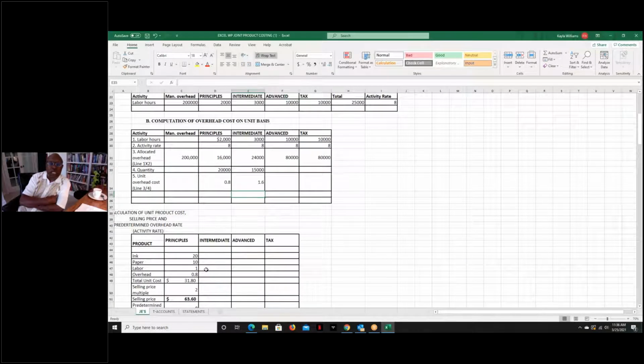So let's go on down to intermediate now and get our total cost for intermediate and selling price. That's 40, right? 2 at 20. And then for paper, 2 at 10, that's 20. Our labor is 5 books per hour.